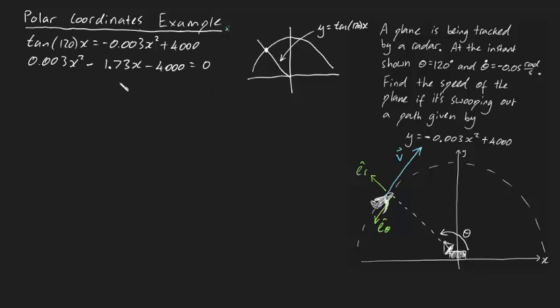We can solve this using the quadratic formula, minus b plus or minus the square root of b squared minus 4ac over 2a, and that's going to be minus 901 meters.